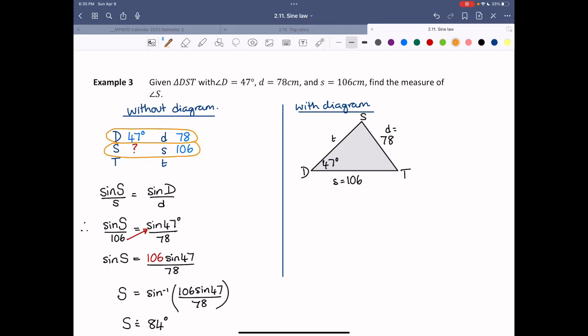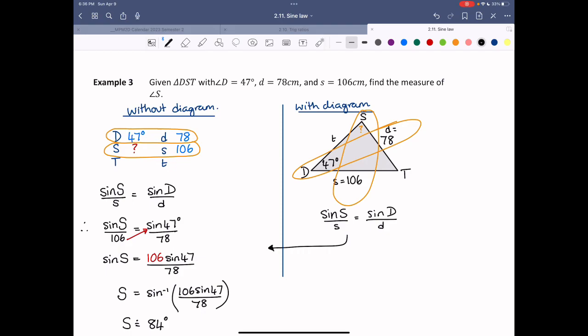Okay, and then you can draw your baby carrots around your two known values and the ones that you're trying to find, which is this one. And then we set it up exactly the same. Then you go sine S over little s equals sine D over little d, and substitute your values in, and then it's just the same as what we had before.